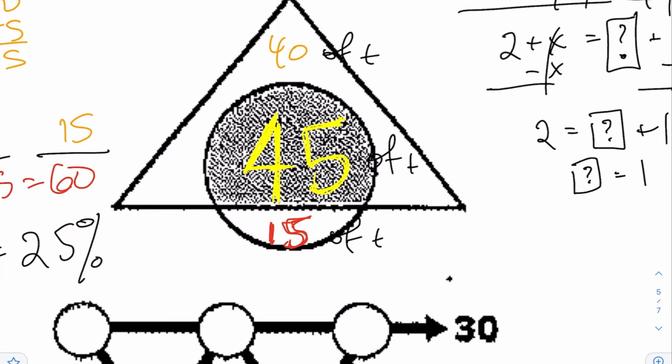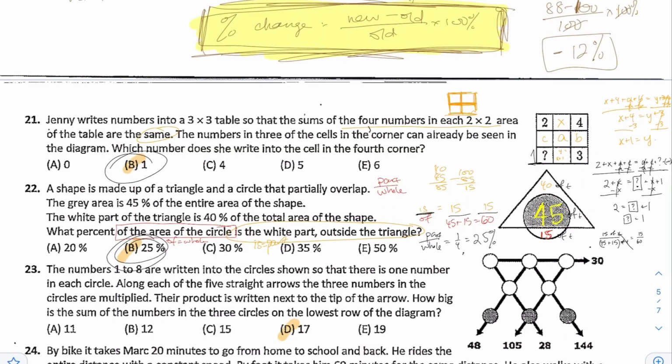But either way, when you take 15% of t divided by 45 plus 15% of t, the t still cancels out. So this still boils down to 15 over 60. So for this question, you just have to use part over whole and use the percentages to identify the is, which is the part, of is the whole.